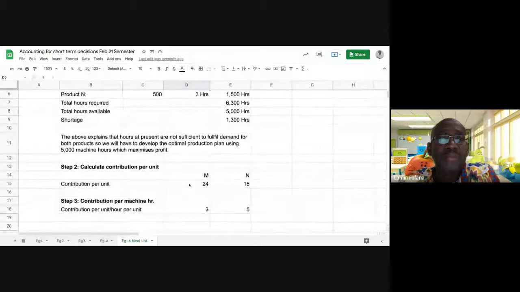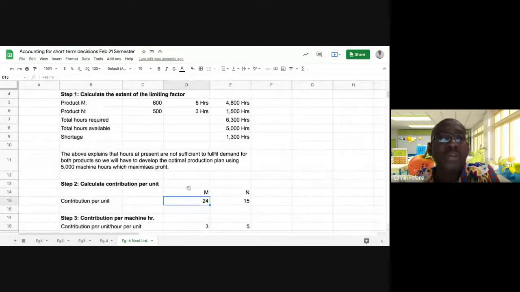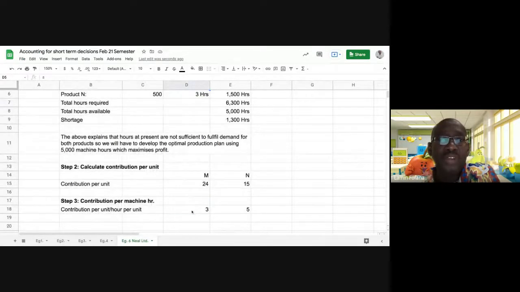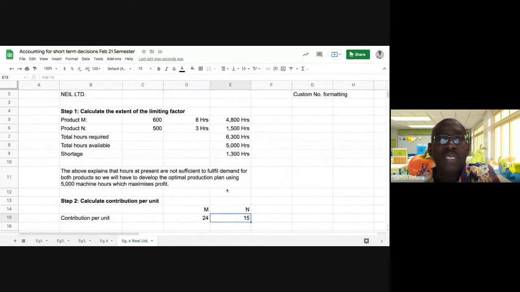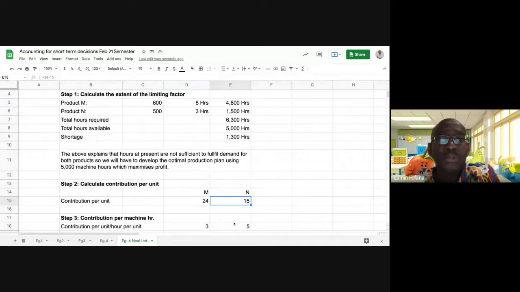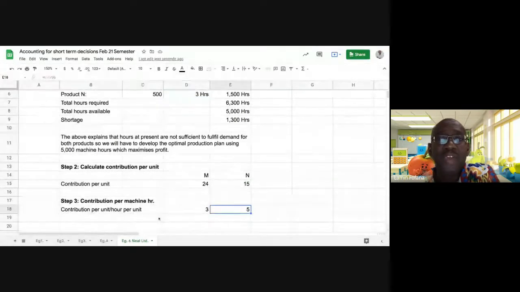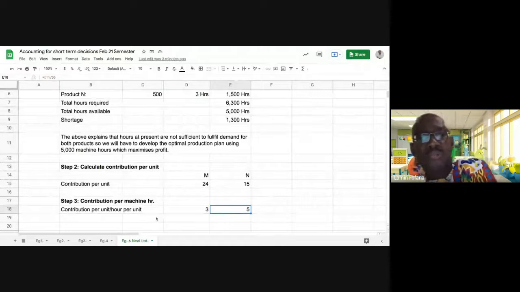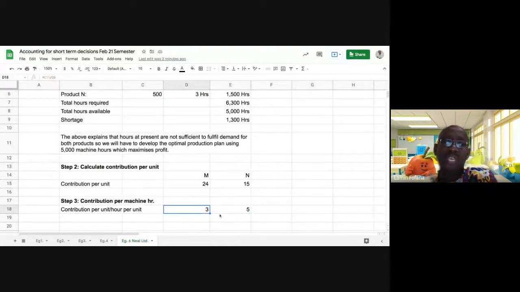So for M, the contribution per unit is 24 and the hours per unit is 8. So 24 divided by 8 gave us 3. And for N, the contribution per unit is 15 divided by 3, that gave us 5. So our contribution per scarce resource is 3 and 5.